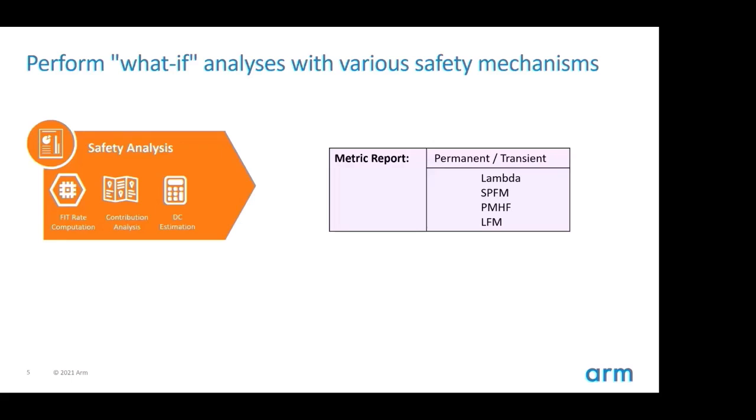So basically we have a result together with a cost metric. We do this on many different IPs the customers want, so we can see which kind of design can use what kind of safety mechanism and what the associated cost is.